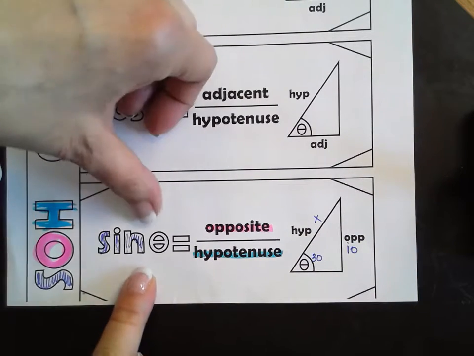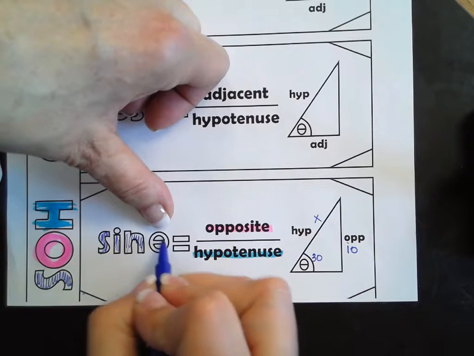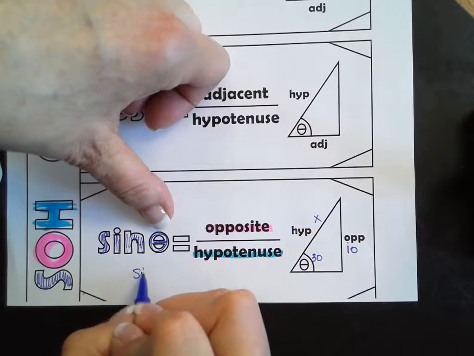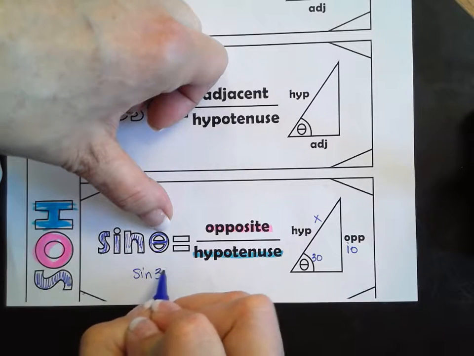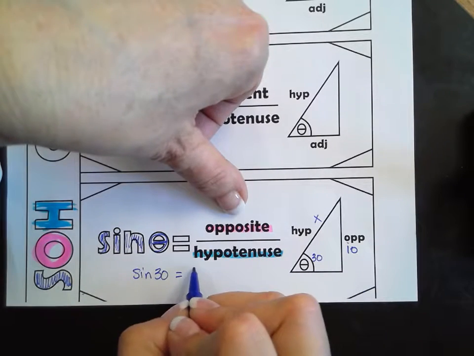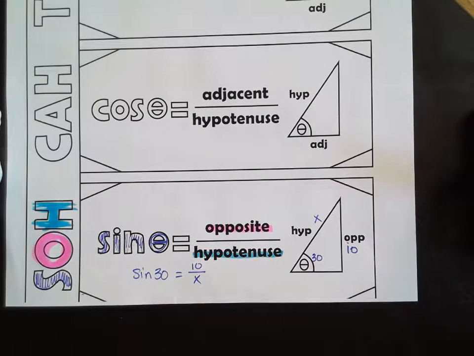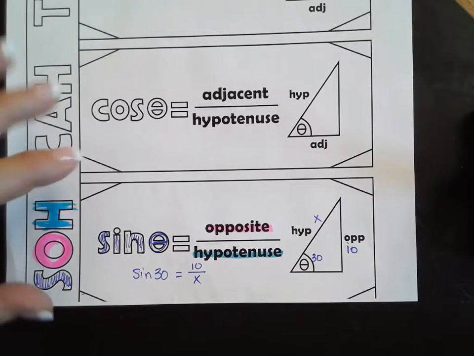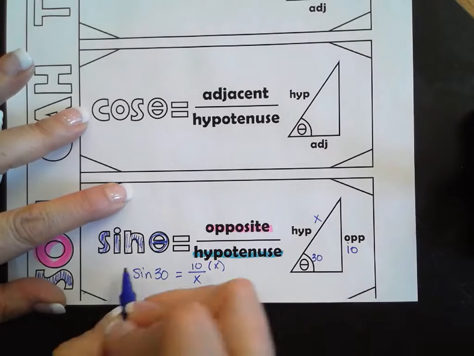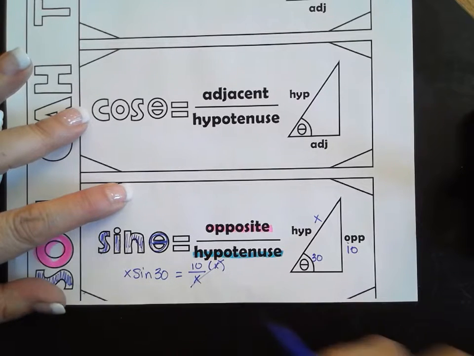All right. So I know my 30. This is my theta. So I replace the angle measure with the 30. My opposite is 10. My hypotenuse is the x. Agreed? All right, so how are you going to solve for that and find x? If you multiply, think of it as cross multiplying, because then that cancels.